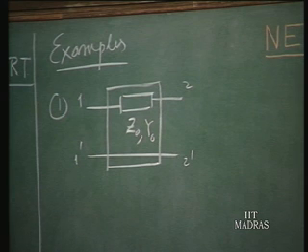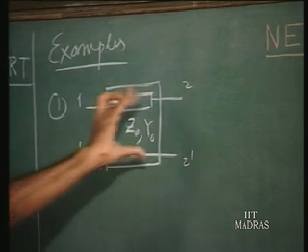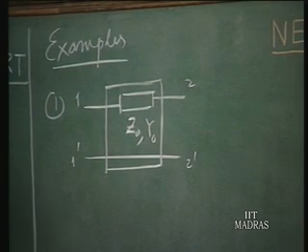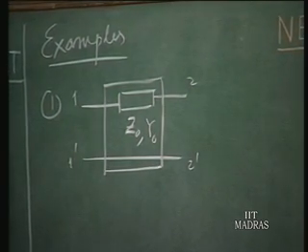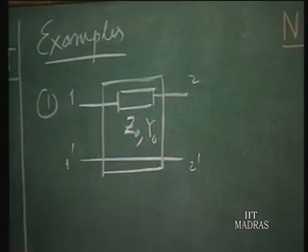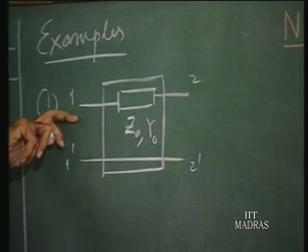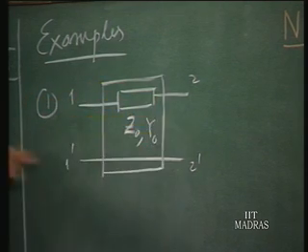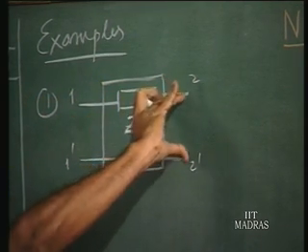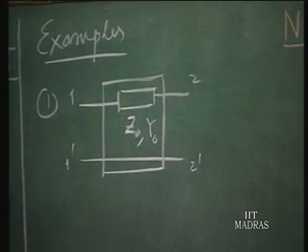Now, if you try to find Z11 for this, you keep port 2 open circuited and try to measure the input impedance. That is infinity, because once you keep this open circuited, the input impedance is infinity. Z21 also turns out to be infinity, because if you want to drive a current I1 here, that I1 must go through infinite impedance, and consequently an infinite voltage will be developed theoretically across port 2.